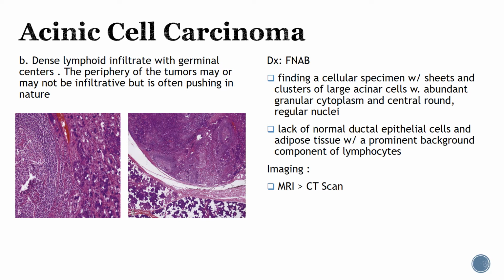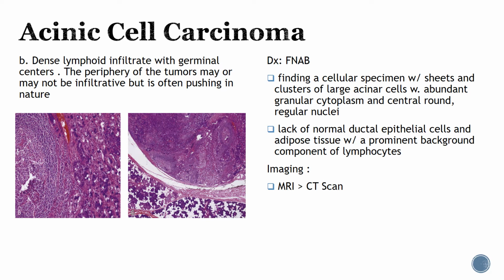The diagnosis rests on finding a cellular specimen with sheets and clusters of large acinic cells with abundant granular cytoplasm and central round regular nuclei. There must be a lack of normal ductal epithelial cells and adipose tissue, but a prominent background component of lymphocytes is often present as they are recruited by the tumor cells in most cases of acinic cell carcinoma.